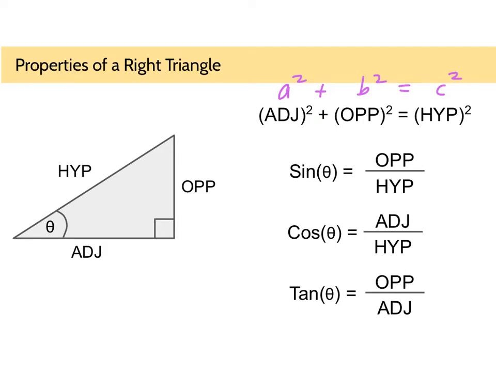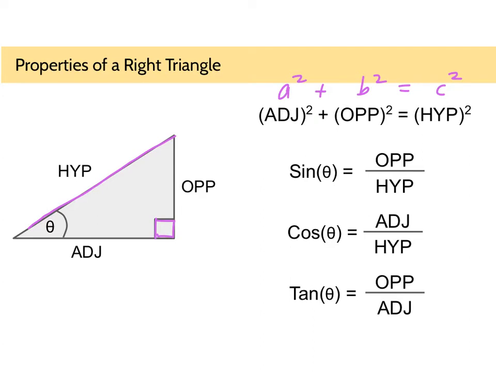Just a quick reminder that when you work with a right triangle, often denoted with this little square in the bottom, it's really important to be aware of what angle you are given or that you're trying to find, because everything is referenced to that angle. The hypotenuse is always the longest side, and it is typically at a diagonal in our class.